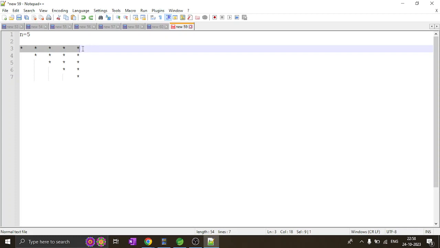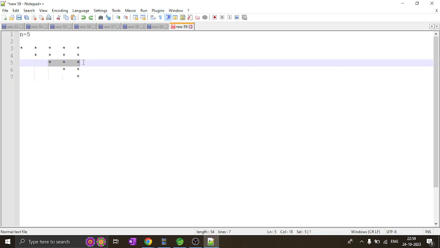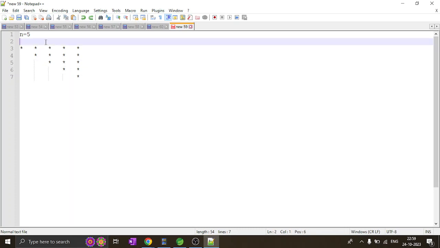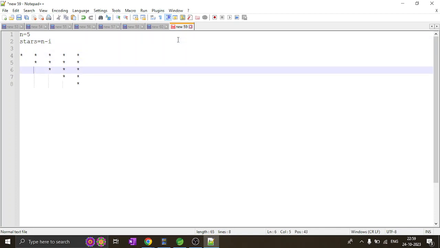When I is equals to 1, then we print 4. When I is equals to 2, we print 3. So it is something like n minus I, right? We have to print n minus I stars, and after that we also have to print spaces.